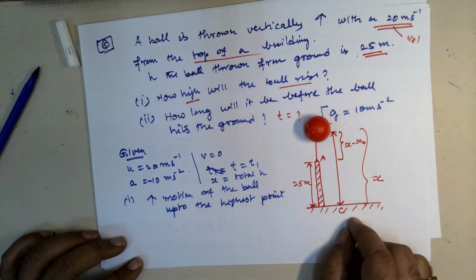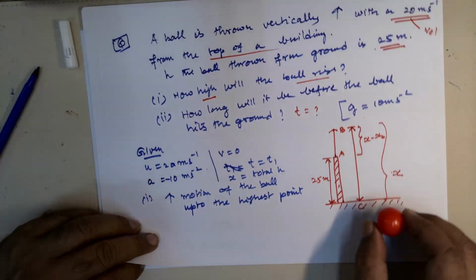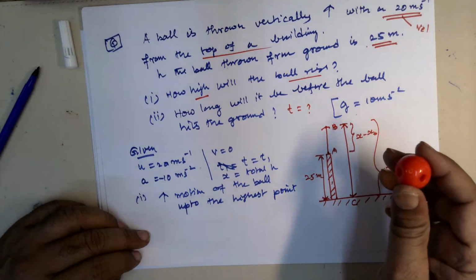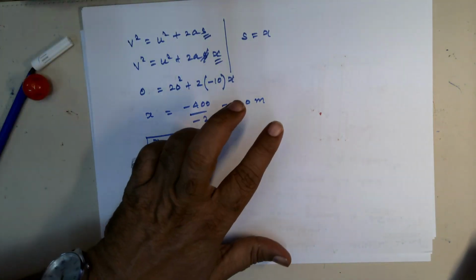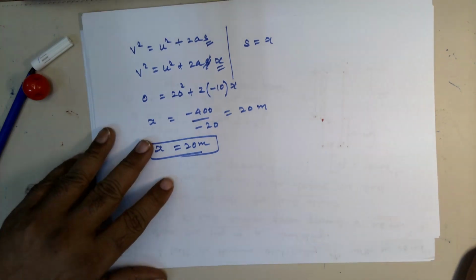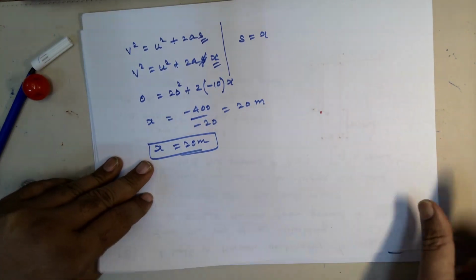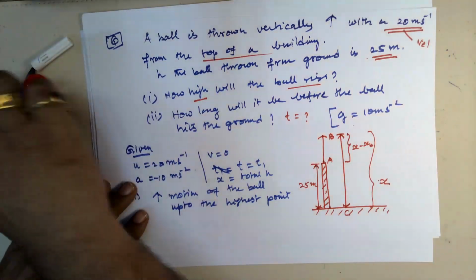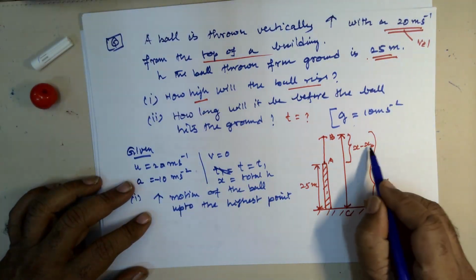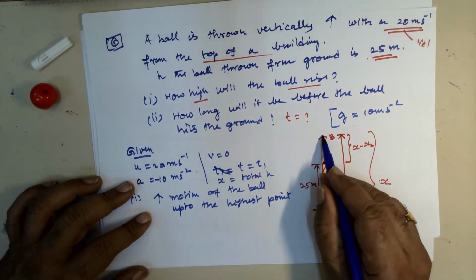But if you are very particular about this, then you have to take this. Just a minute. What is this? 20 meter. No, wait a minute. I think this must be 20 because it is traveling from here to here.